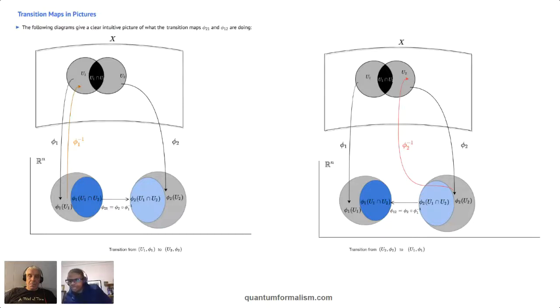So I hope that is clear, because remember, the regions of the manifold that you want to chart are homeomorphic to some region of Rn.